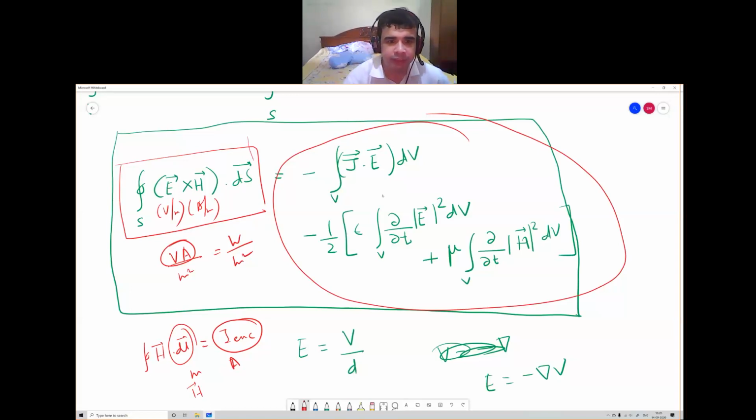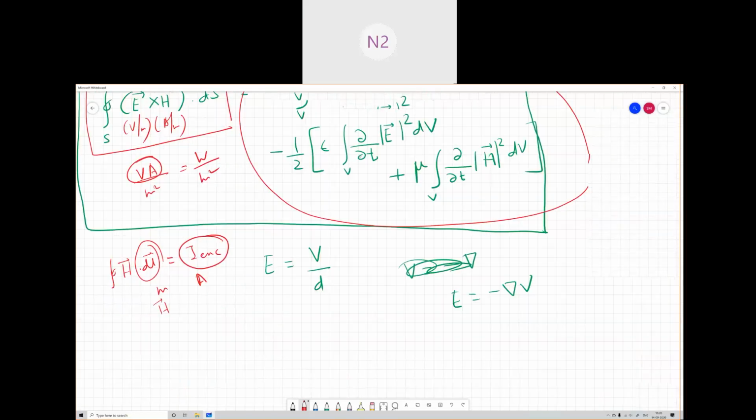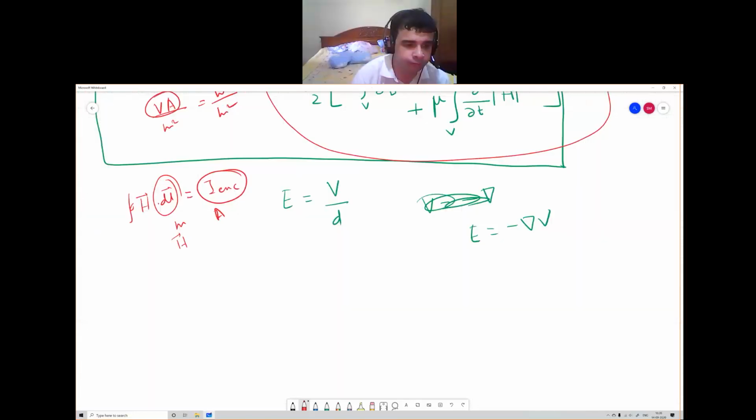Let us see it in a slightly different way. Let us multiply the entire thing by minus 1.